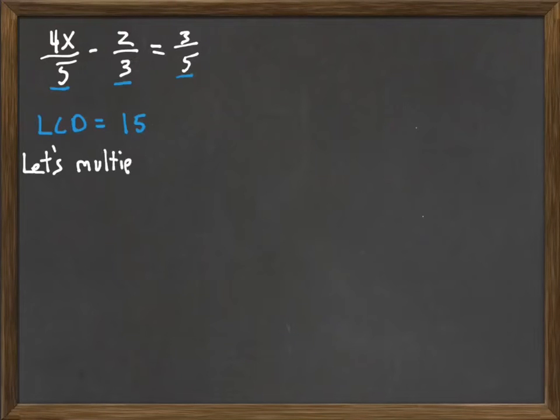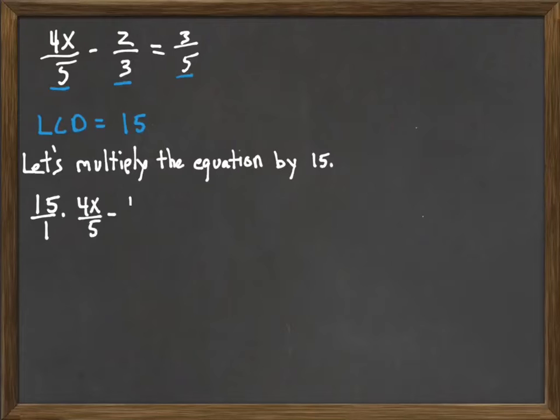Now what we're going to do is multiply the equation by 15. So that means everything is going to get multiplied by 15. So I go to this first term here, 4x over 5, and I'm going to multiply that by 15.